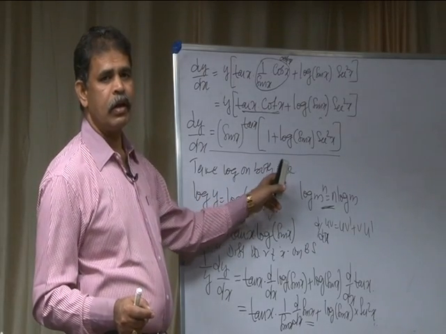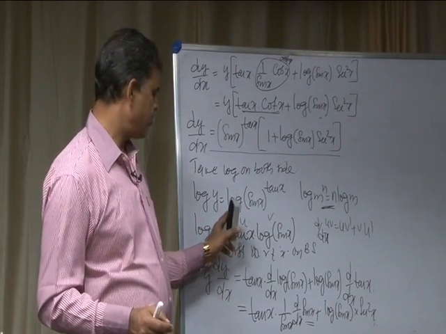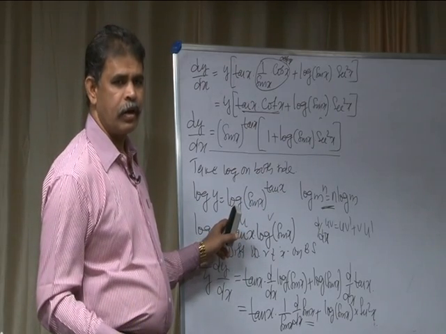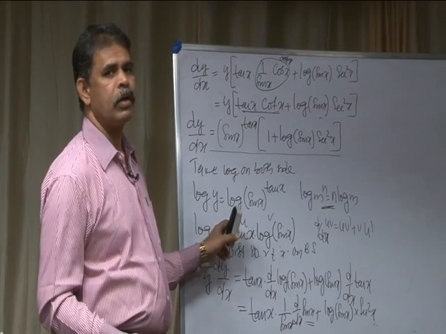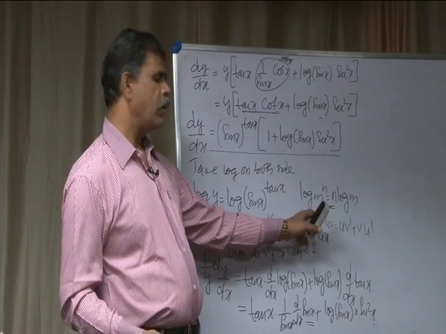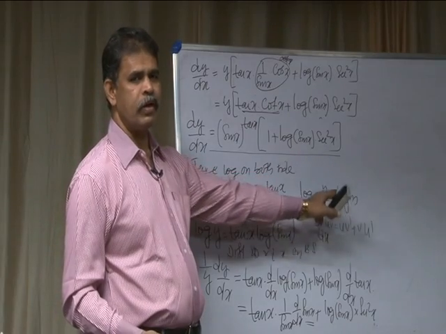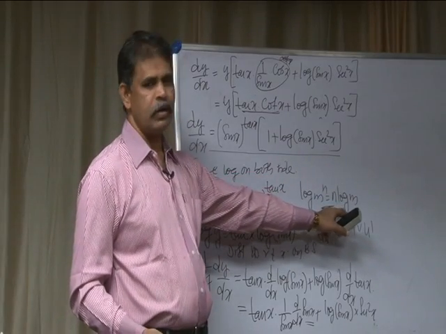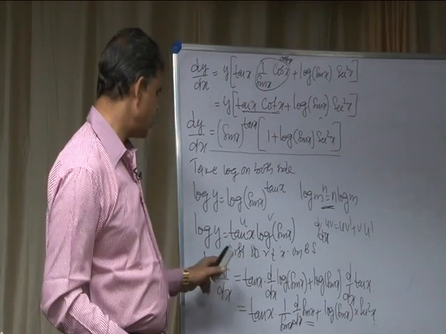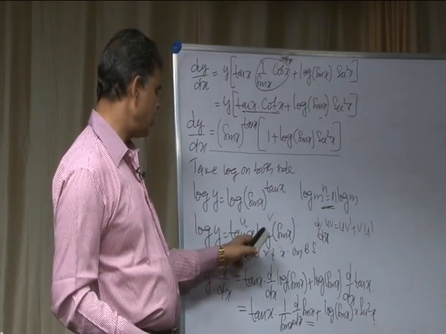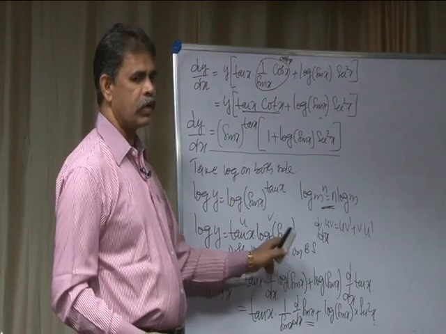So, after taking log on both sides, it is taken according to law of logarithm, that is log m to the power of n is equal to n log m. So, according to that we can take log y is equal to, this power will become index, tan x into log of sec x.